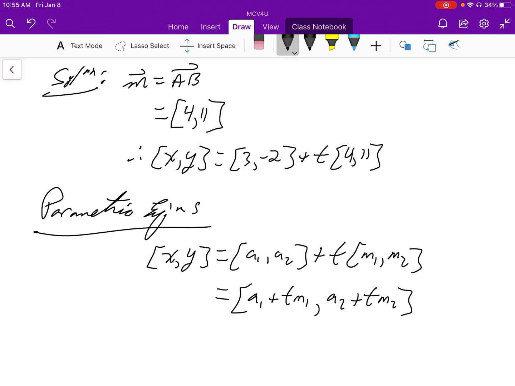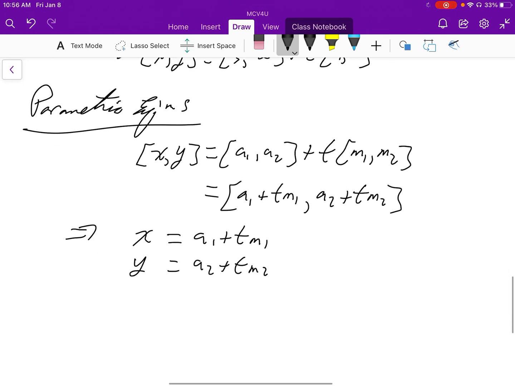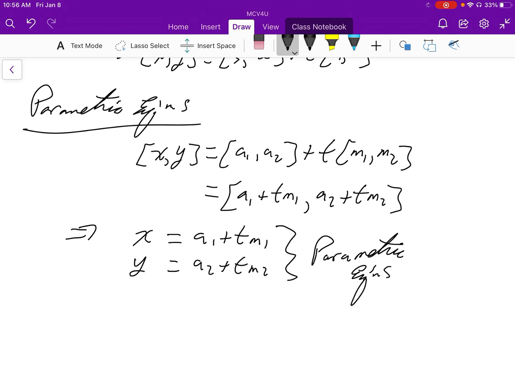Adding those together, which implies that the X component is a1 plus t m1, the Y component is a2 plus t m2. These are the parametric equations. Okay, parametric equations.